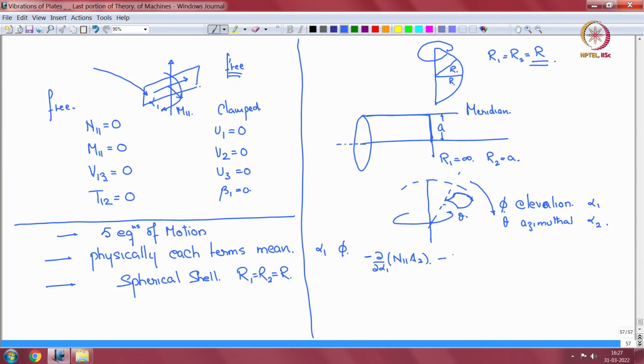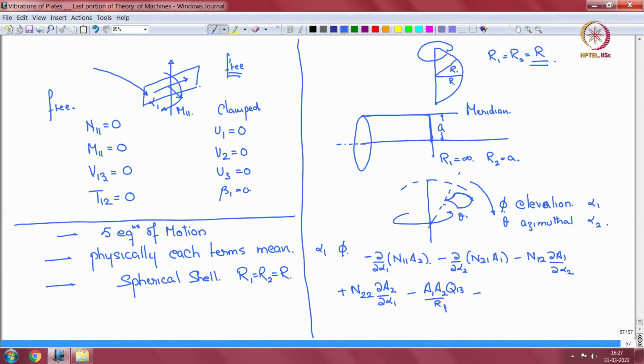The second term is minus del alpha 2 of n21 a1. Third term is minus n12 del a1 by del alpha 2. Fourth is plus n22 del a2 by del alpha 1. Next is minus a1 a2 q13 by r1. The signs are consistent, that's all.